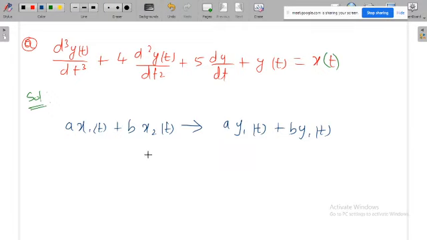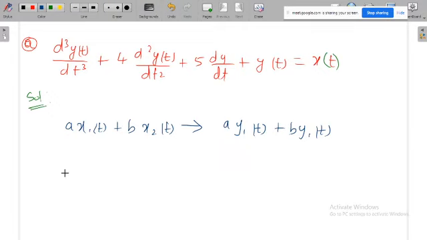Here the problem is that y(t) is the output, but y(t) is present in 4 places: one with the third order differentiation, another with the second order and first order, and directly y(t) is present. So the output is a little bit complex here.